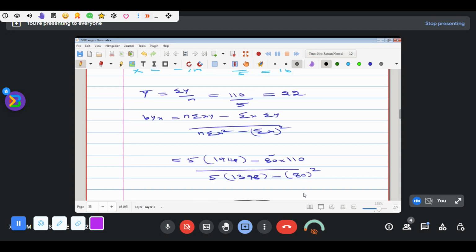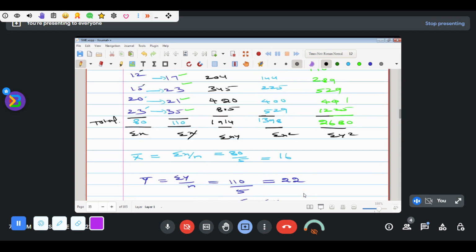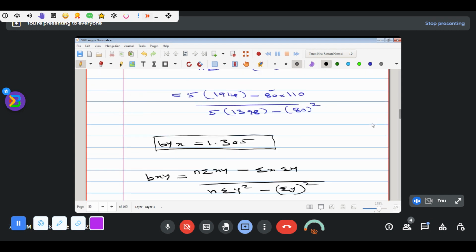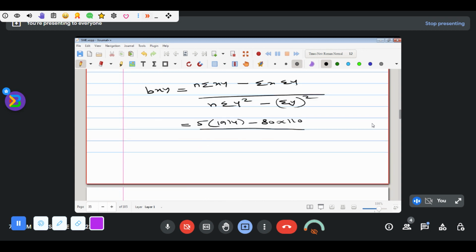Summation y squared value is 2680. Therefore 5 into 2680 minus summation y the whole square, that is 110 whole square.